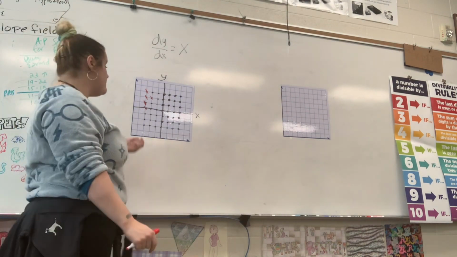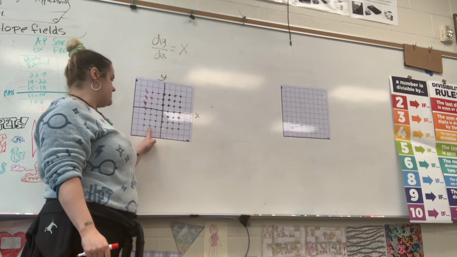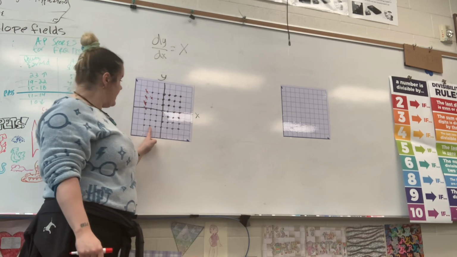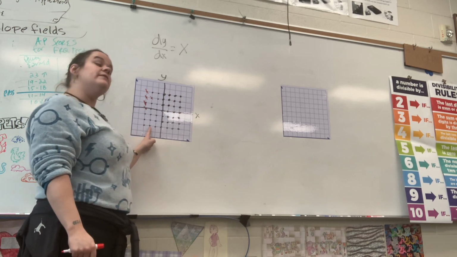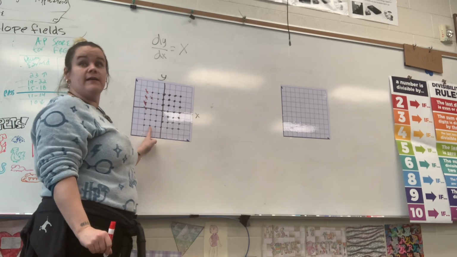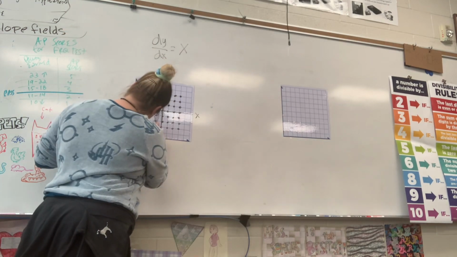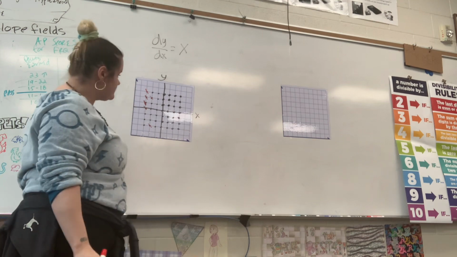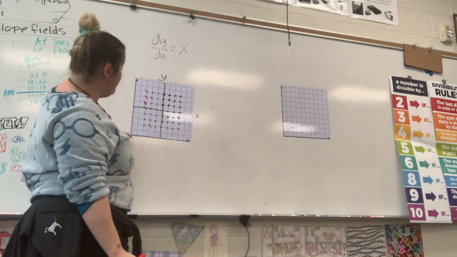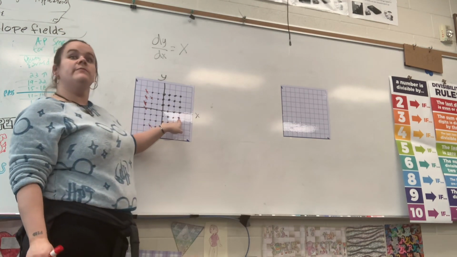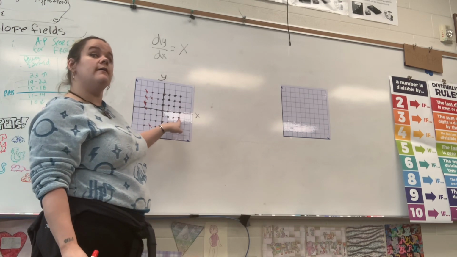I don't know if my graph goes through this point at -2, -3. But if it did, what would its slope be? -2. Okay. I'm going to start jumping around. I don't know if my graph goes through this point. But if it did, what would its slope be?